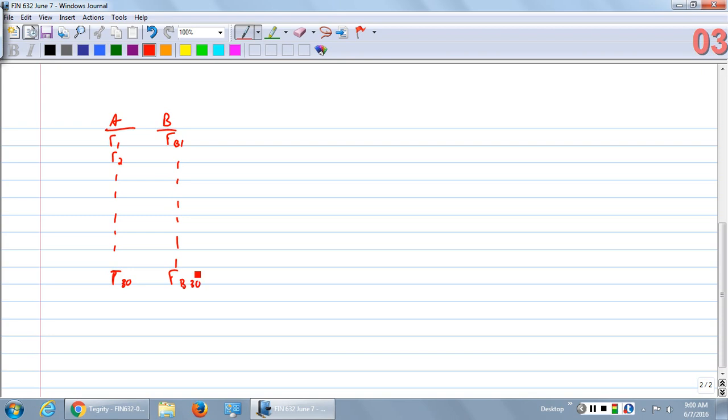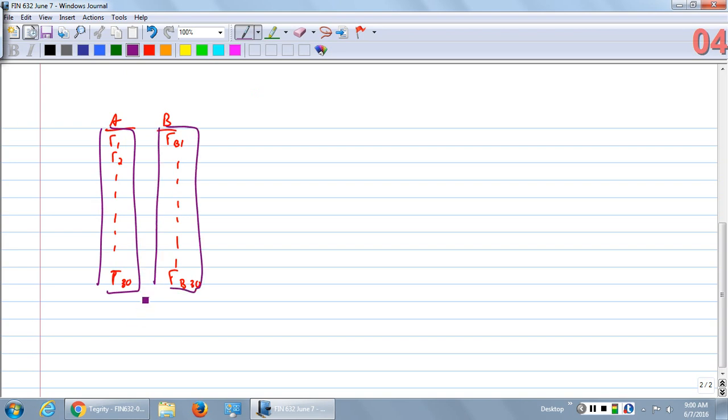Well, I can calculate the covariance. In Excel, I can highlight the first column and highlight the second one. It's a function within Excel where I would highlight this column and this column, and boom, it's going to give me the covariance.